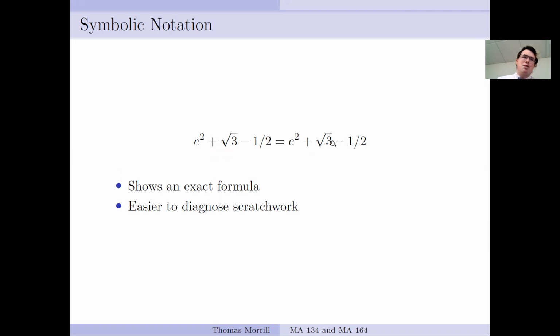So this number is just e squared plus square root of 3 minus 1/2. So in principle, this is the exact value of this real number, or you could think of this as instructions for how to calculate this number or where to find it on the real number line.